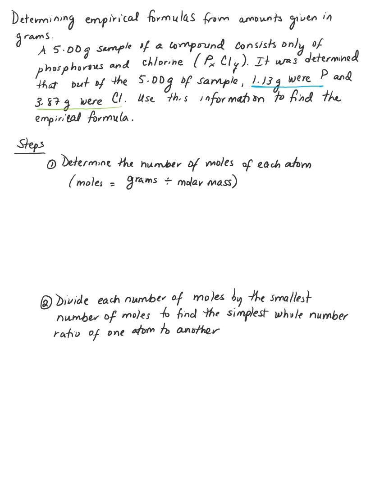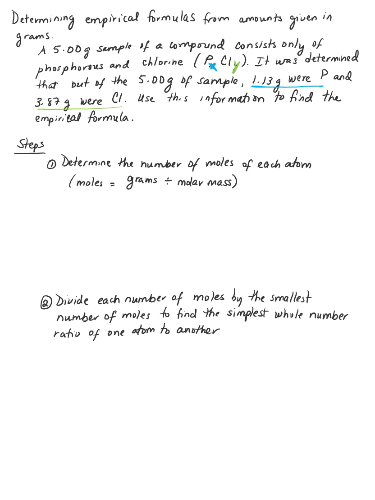So what you're trying to find out is that subscript that you have for P and for Cl. Those numbers are going to tell you how many P atoms you have, how many Cl's you have in your empirical formula.